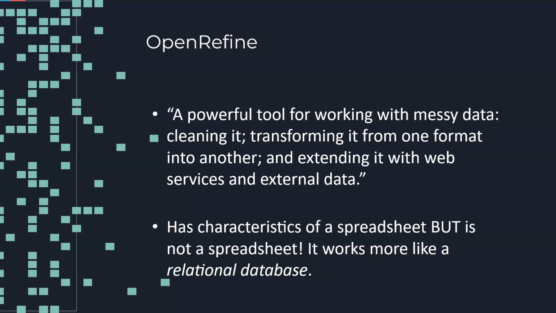It's a very robust software package. One can do a lot with it, and I can only show you some of the more common things that you can do with it today. It's kind of weird. It has the characteristics of a spreadsheet, sort of like Excel, but it's not a spreadsheet. It works more like a relational database, and you'll see what I mean there.